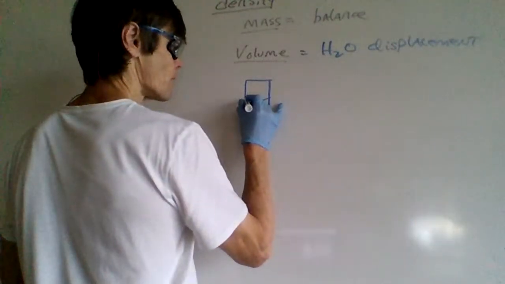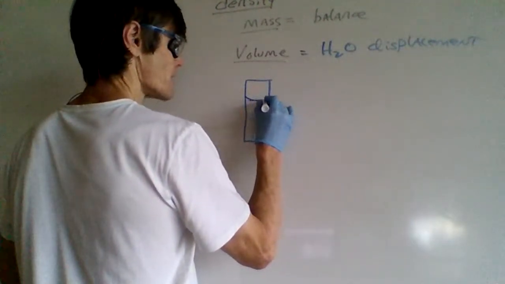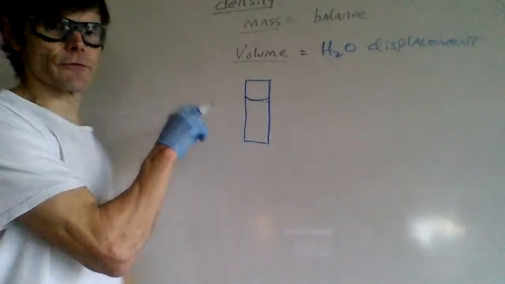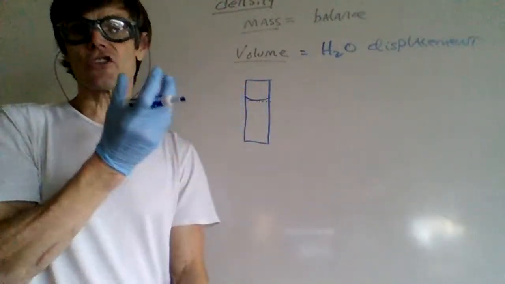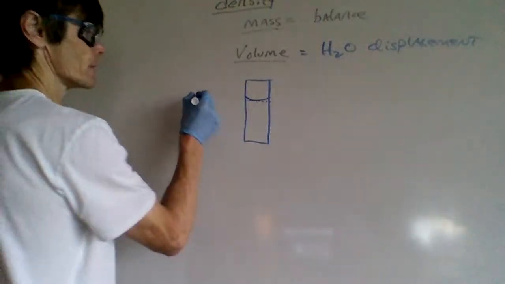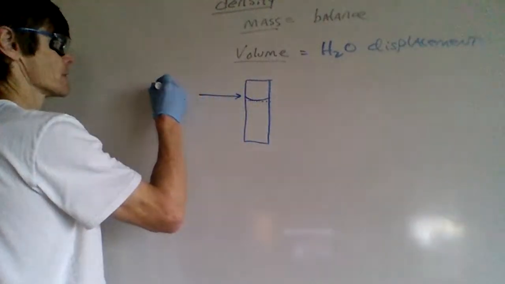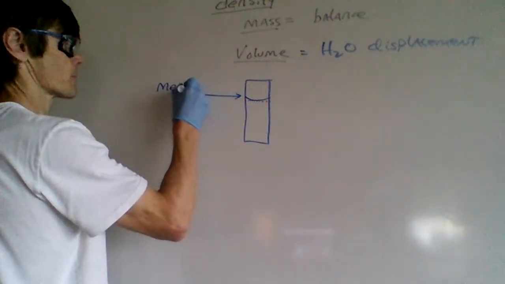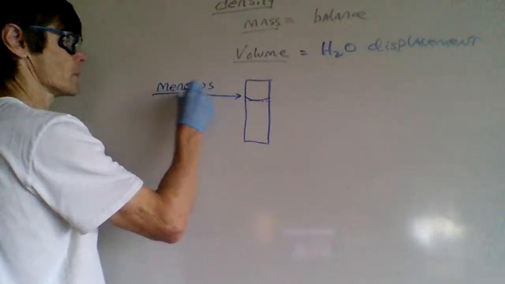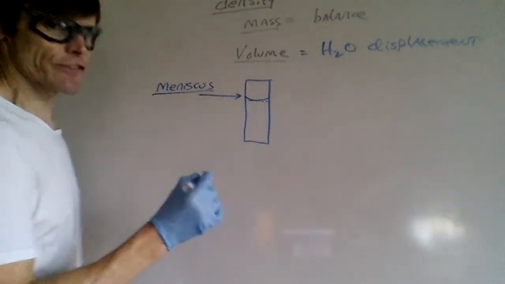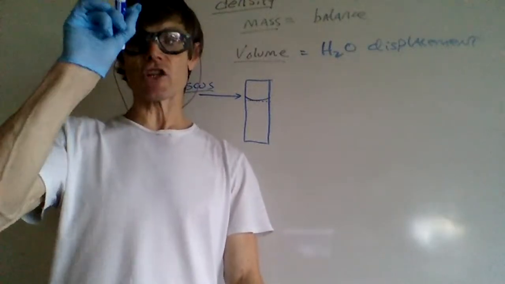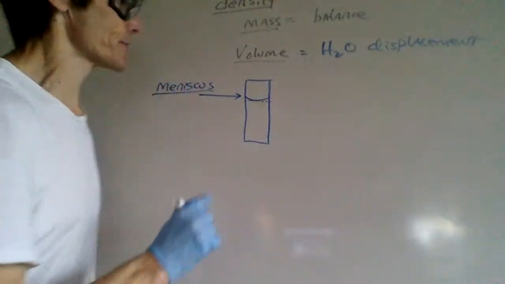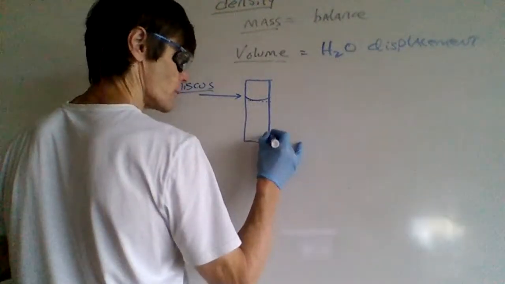We would read the volume by recognizing the bottom of the curved region of our water, which is called the meniscus. So this is our meniscus. We look at the bottom of the meniscus and where it sits versus the graduations on our measuring device.